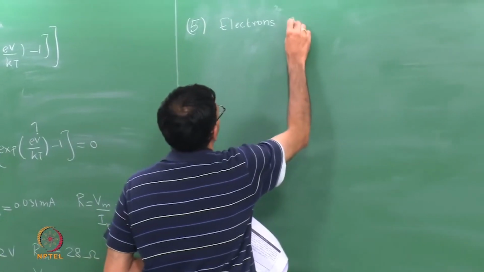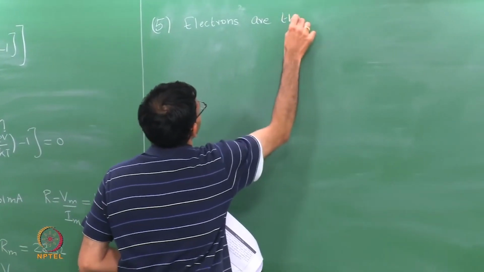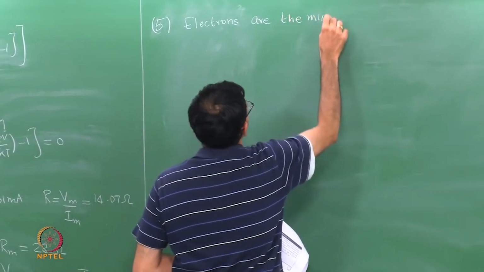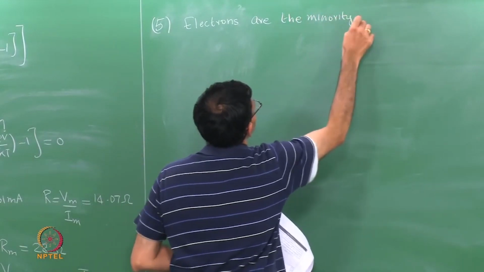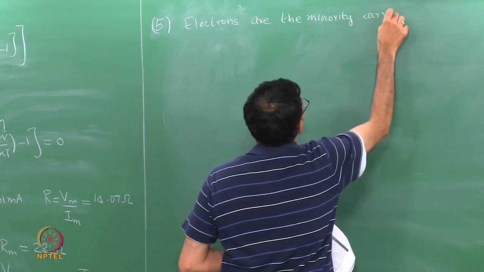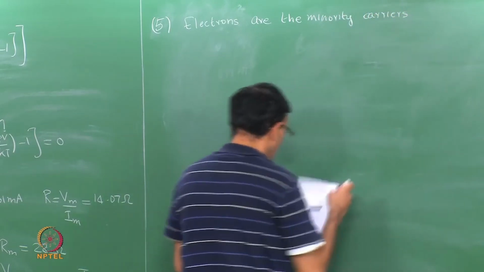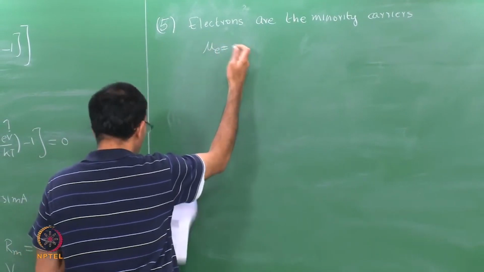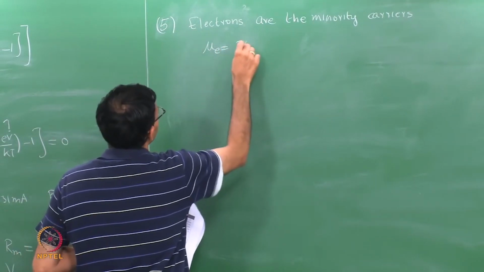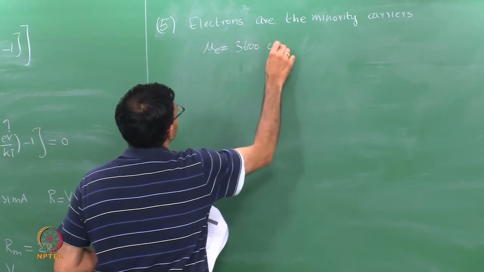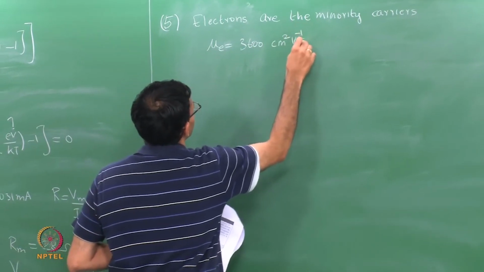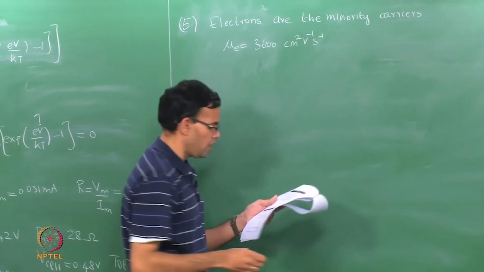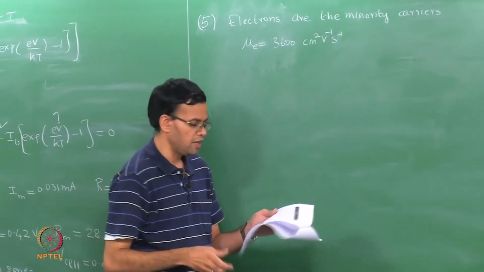So, electrons are the minority carriers, and we have also been given the electron mobility, mu e, to be 3600 centimeter square per volt per second.